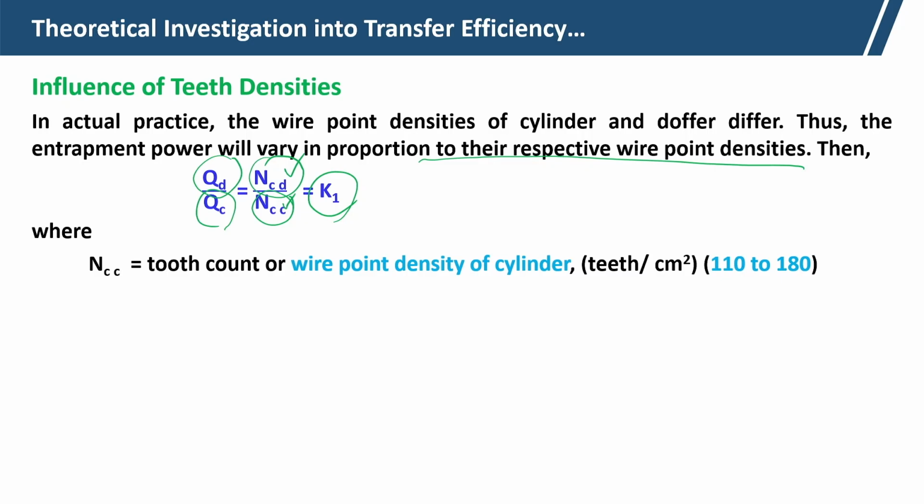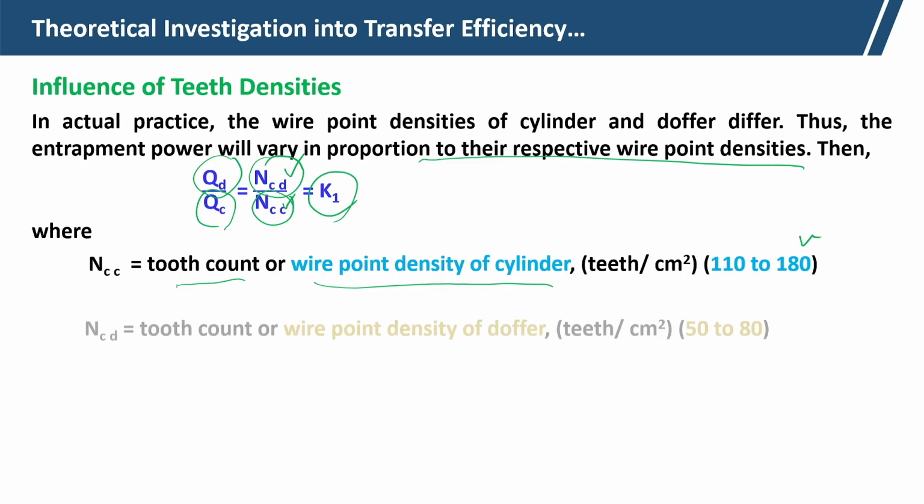Wear point density is the number of teeth per square centimeter. On cylinder it is typically around 110 to 180, so 150, 160 is a typical value, but it may differ depending on the manufacturer or the type of fiber.